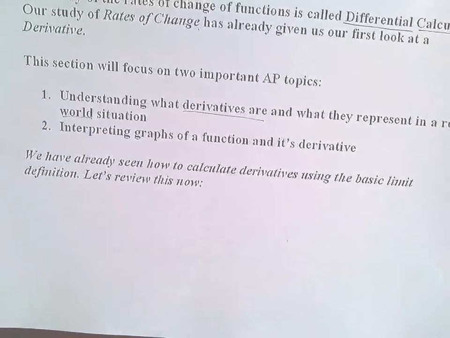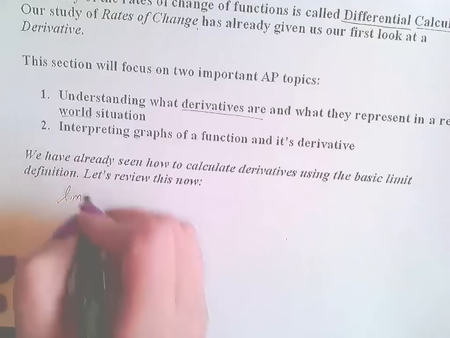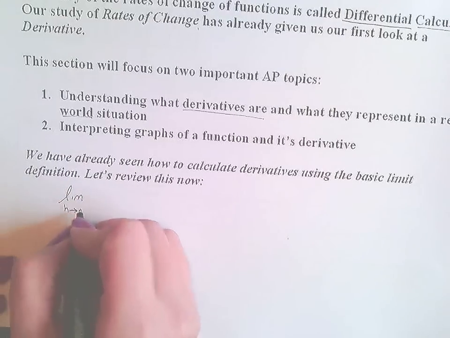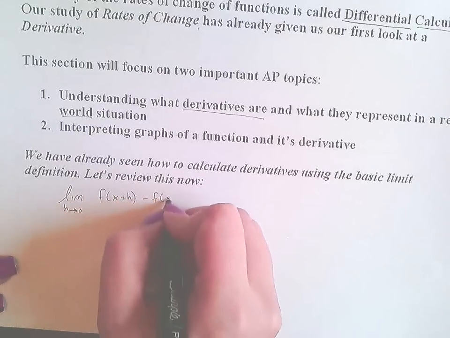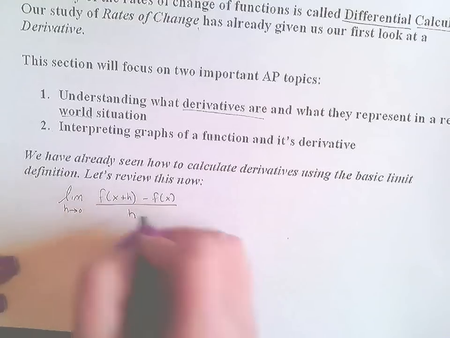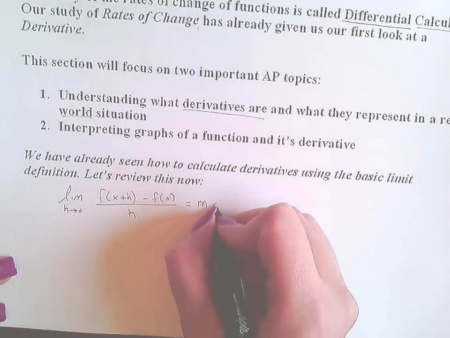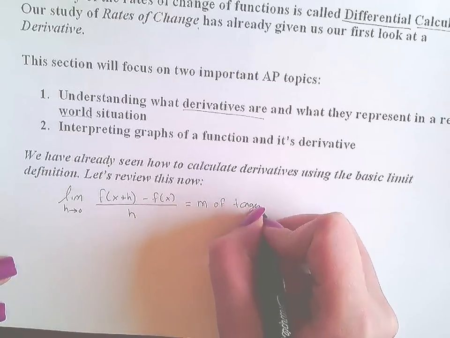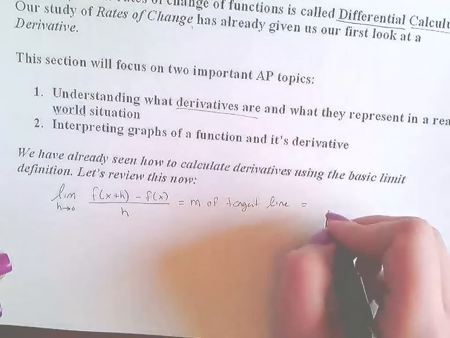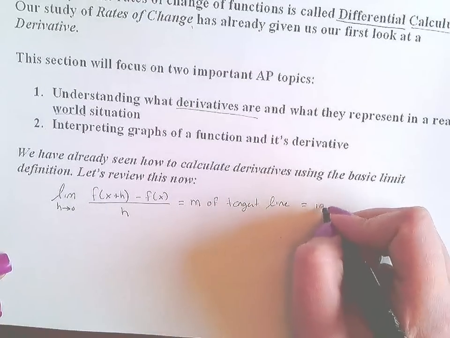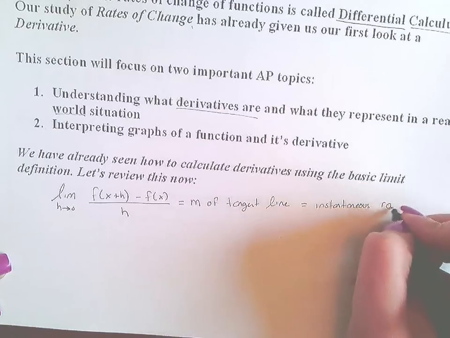If you remember, the limit as h approaches 0 of f of x plus h minus f of x, all of that divided by h, is the slope of the tangent line, also the instantaneous rate.